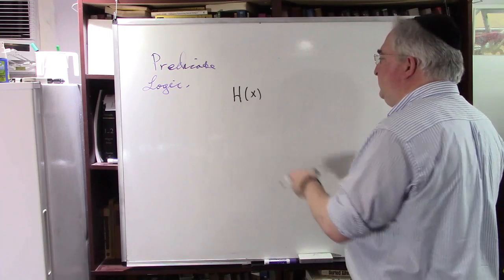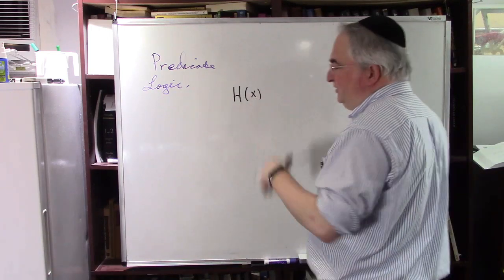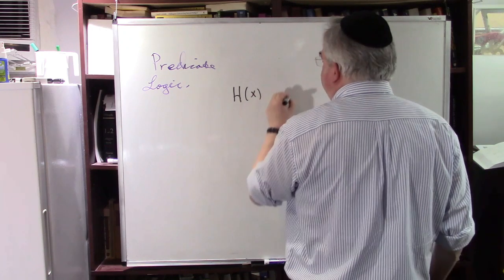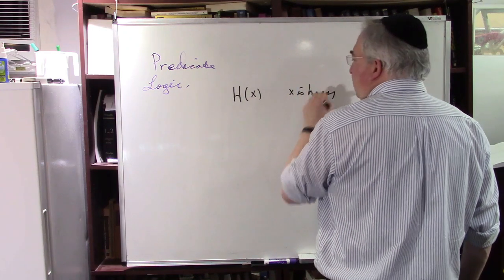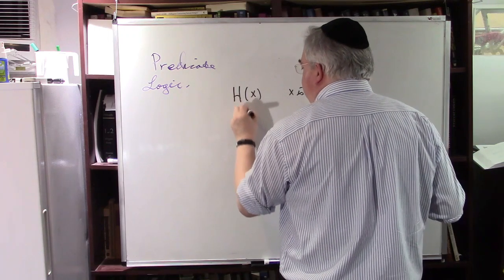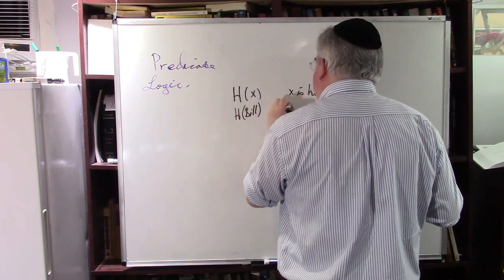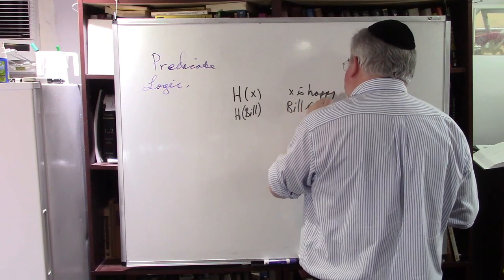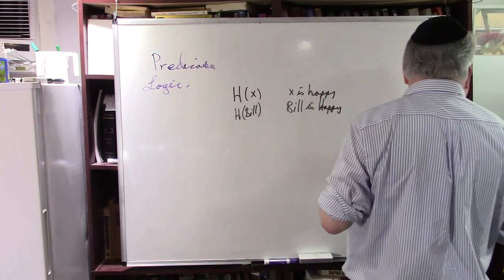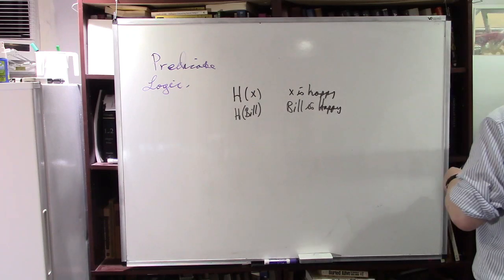So h of x, h stands for happy. X is a person, so h of x means x is happy. And we can talk about h of Bill, and we get Bill is happy. So we're talking about whether or not a person is happy.